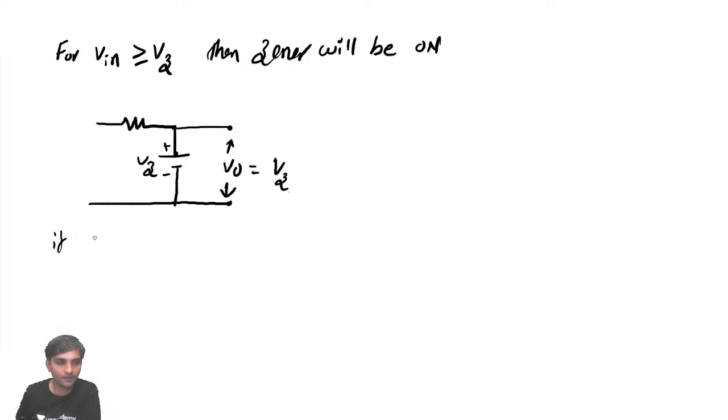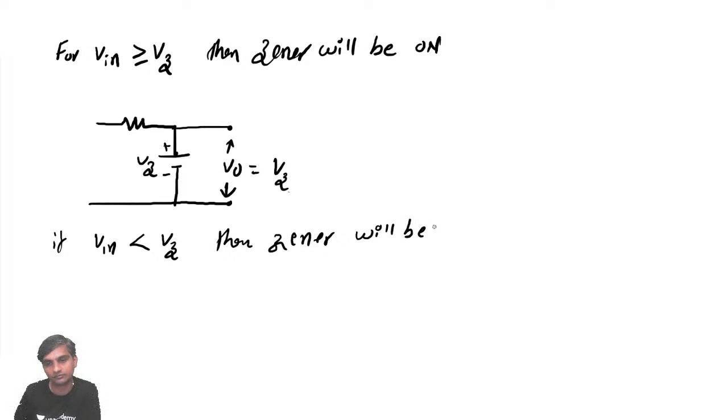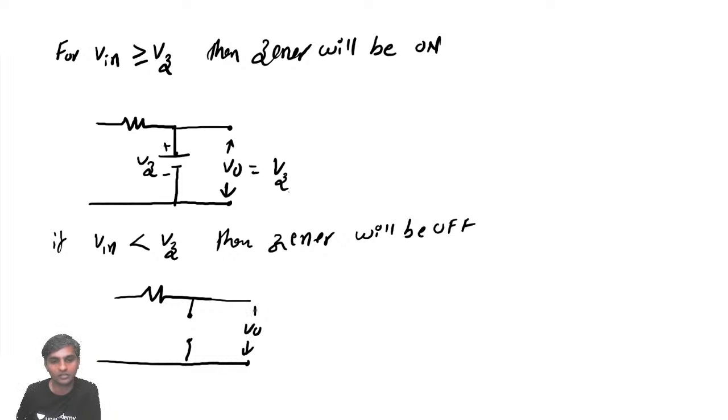If V input is less than VZ, then the Zener will be off. So how does the circuit look? It is an open circuit. Then what is V naught?